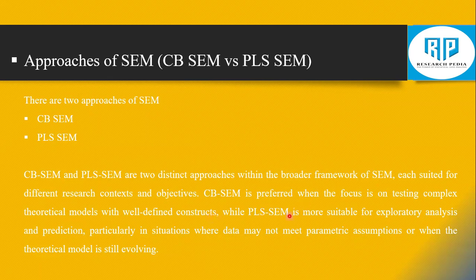While in the case of PLS-SEM, you may be interested in prediction, you may have data with non-parametric assumptions, not normal data, and where a theory is still evolving, is still not confirmed. So you can apply the PLS-SEM technique in that case.